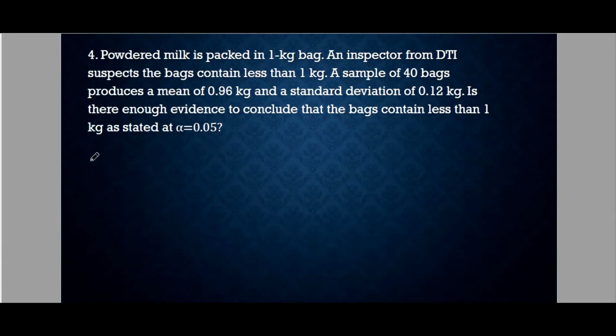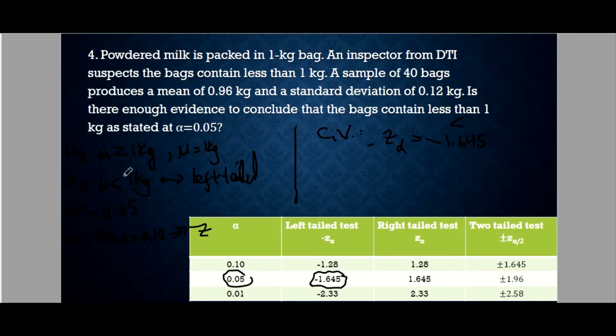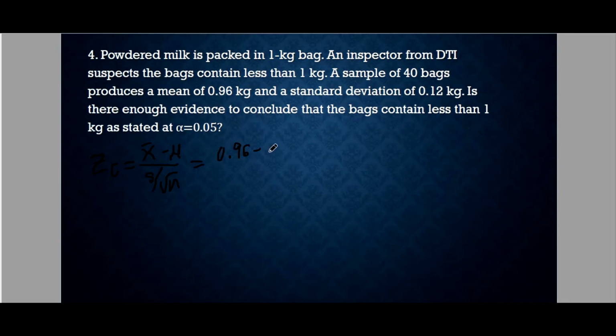Next, let's compute for our Z computed. X bar, or the sample mean, minus the population mean, divided by the sample standard deviation and square root of n. X bar is the sample mean of 0.96. Our population mean here is whatever is used in the hypothesis: 1 kilogram, divided by S, which is 0.12, over square root of 40.